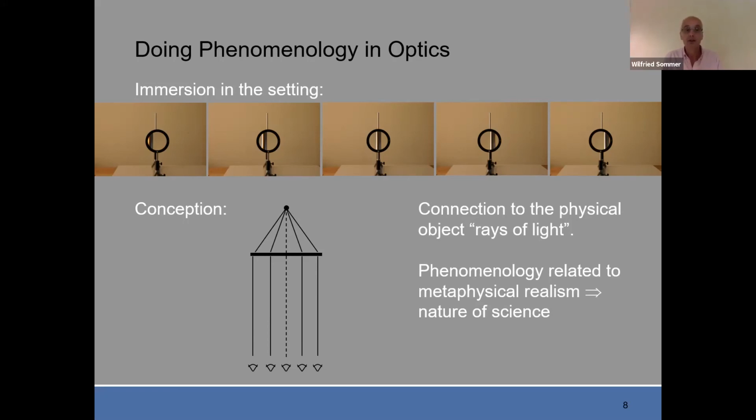And in a philosophical framing, you call that a metaphysical realism. This metaphysical realism imbues those geometrical structures with the potential and the power to produce an appearance.